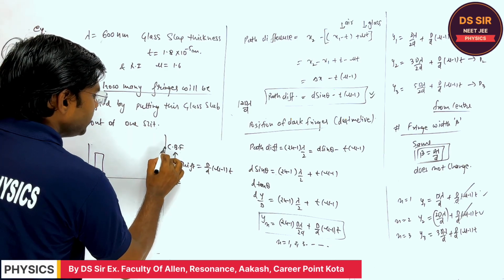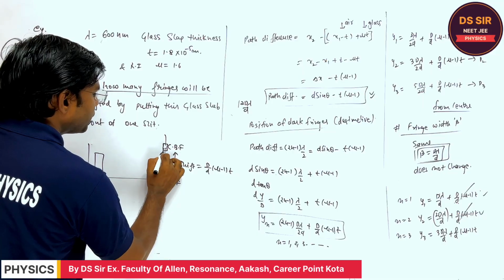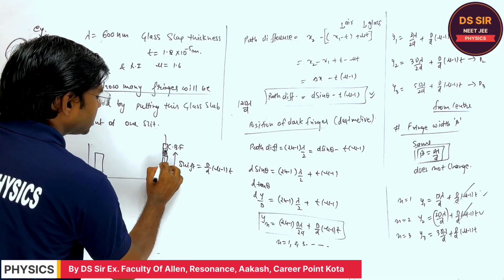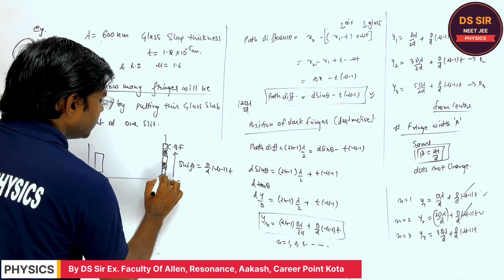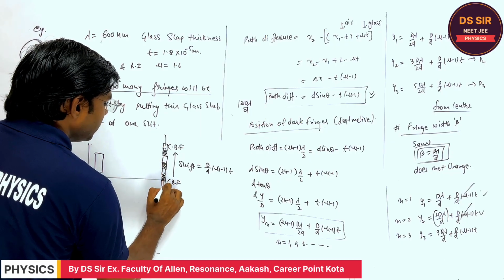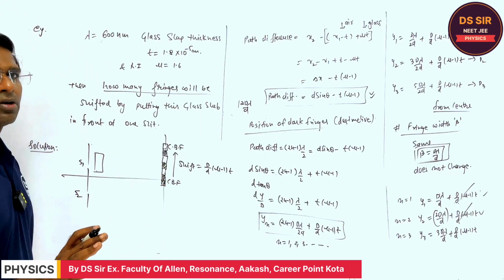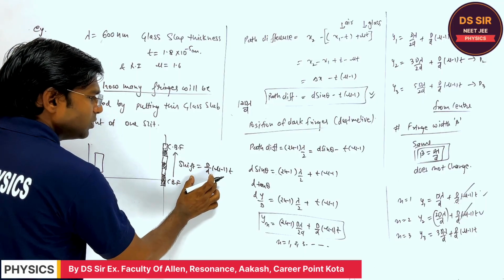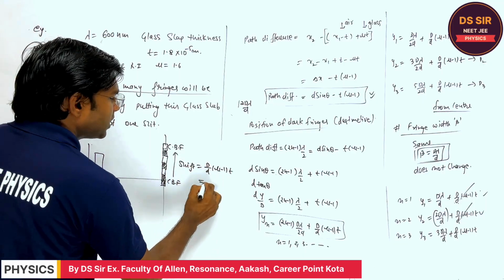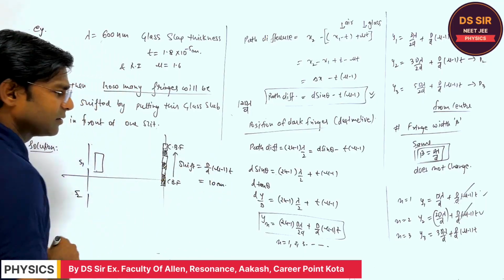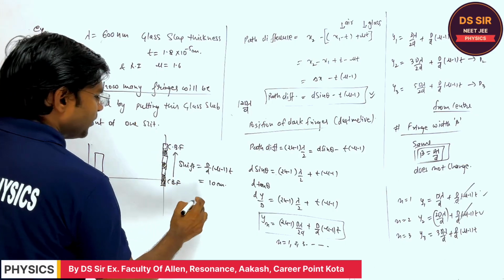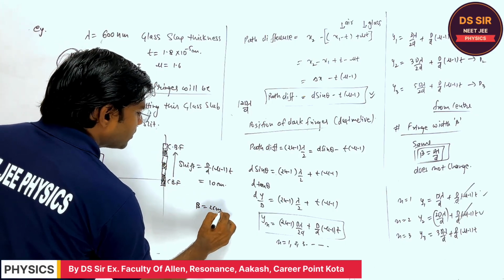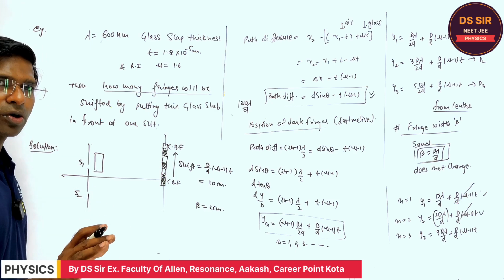So this is the central bright fringe, the CBF, this is the bright fringe, dark fringe, bright fringe, dark fringe, like this. Are you getting or not? So if you have found the shift, for example, this is 10 centimeter, and the fringe width is 2 centimeter. Is it clear or not?